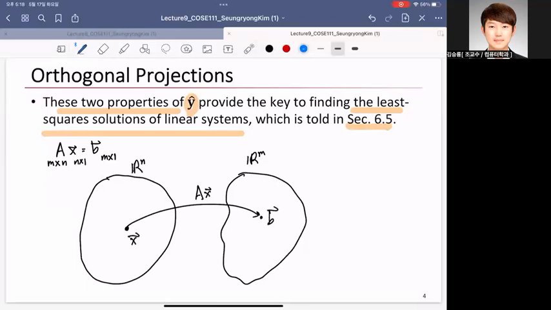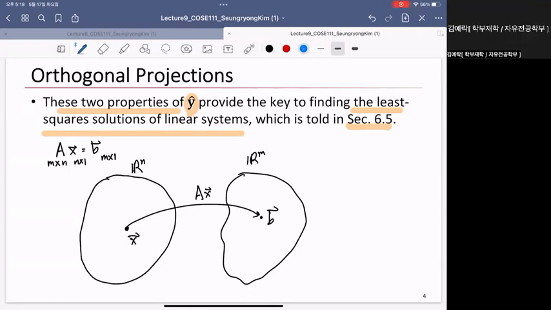So first of all, what is the column space of matrix A in this illustration? How can we draw the column space in this figure?